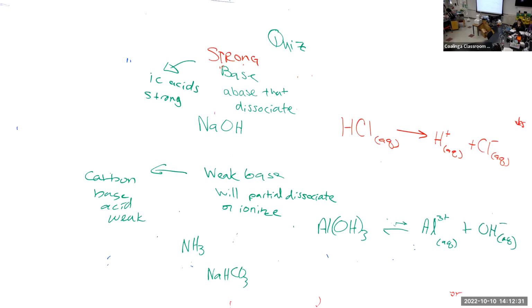For bases, would we apply the same rules? No, we don't have the same rule. The only thing is that a base is a proton acceptor. It's able to accept H plus.